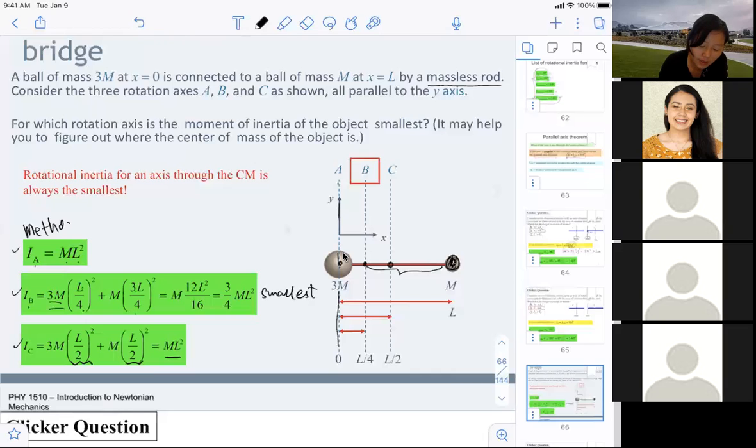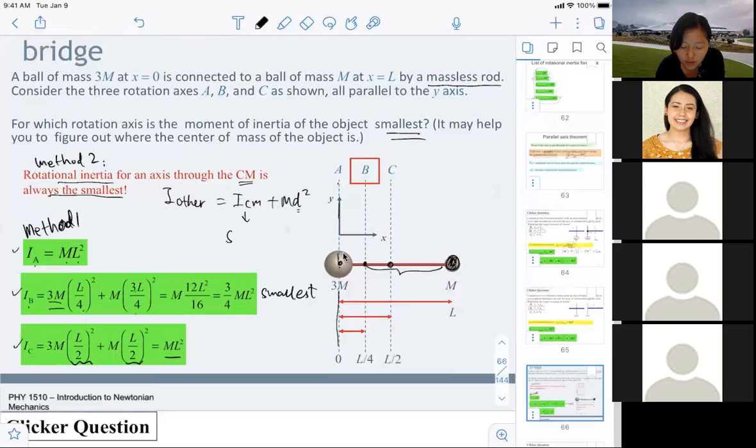The second method has to do with what we just talked about. This is method 2. We know that you want to find the smallest. I know that the rotational inertia relative to its center of mass is always the smallest. Any other axis is this rotational inertia plus md squared.